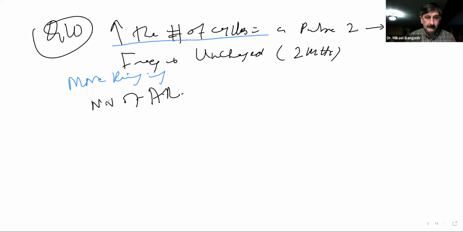We can say, if we increase the number of cycles from 2 to 4, for instance, 4 cycles, and the frequency is the same, that means the wavelength remains the same.